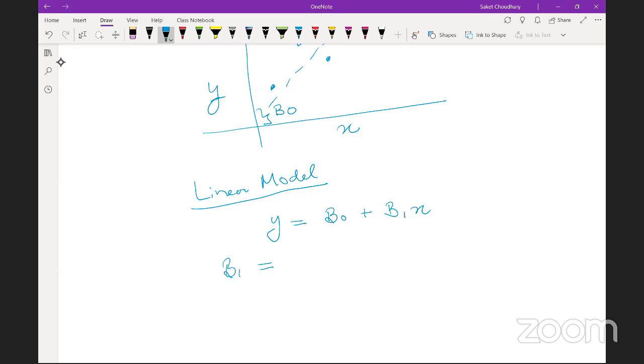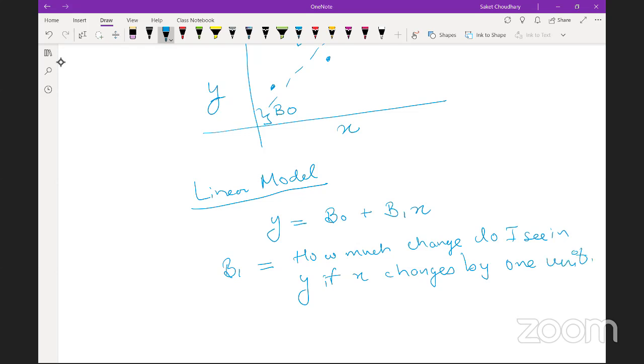This is essentially how much change do I see in Y if X changes by 1 unit. Beta 1 is capturing how much change you see in Y if X changes by a single unit, whatever unit X is in.